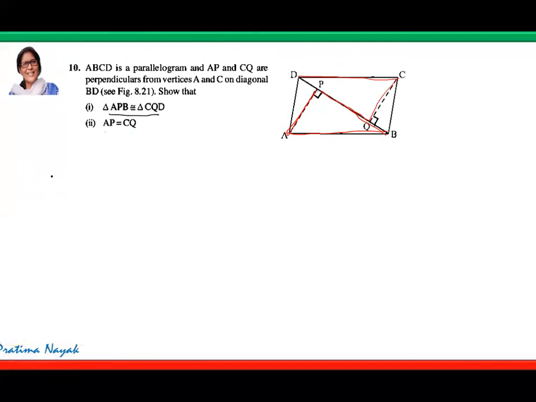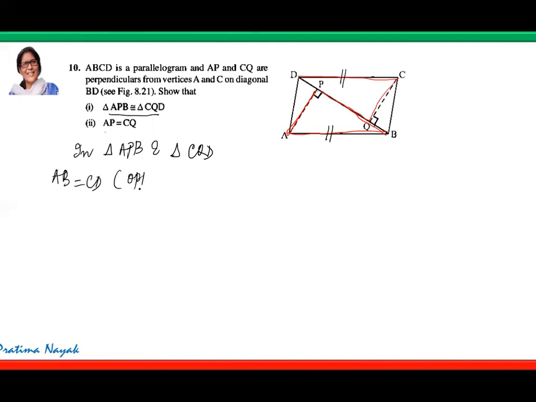If we can prove the congruency, then we can write CPCT. So first I'm writing in triangle APB and in triangle CQD. First I'm getting these two sides are equal, AB is equal to CD. Why?